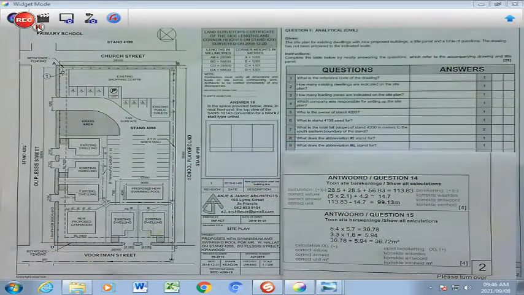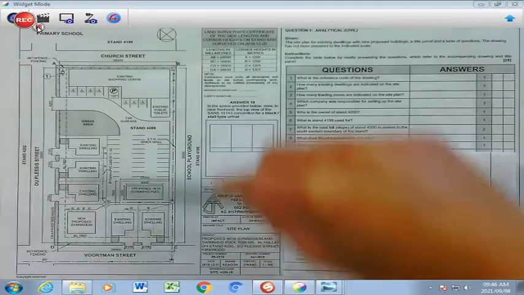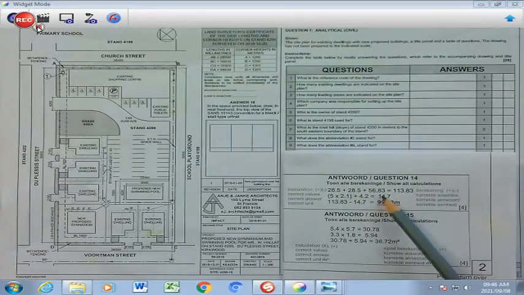If you look at the 2 sides, AB and DC, it's 28.5 plus 28.5 and one front side which is 56.83. Add it all and it gives us 113.83.